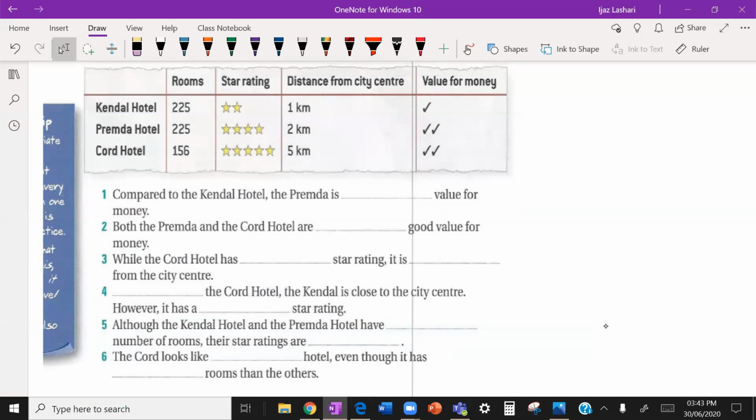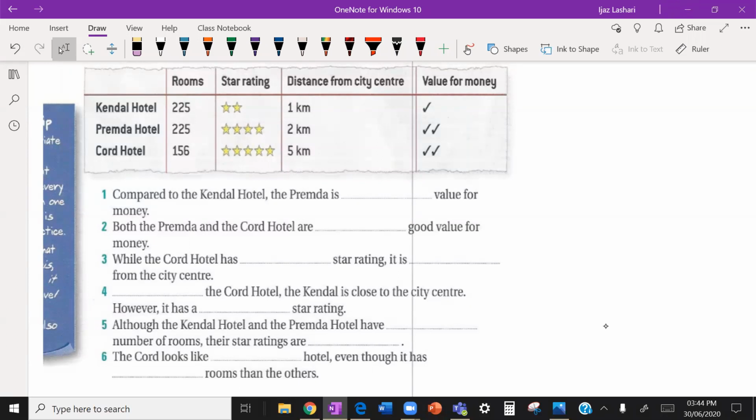If you look at this like a graph, it's not a graph, it's a kind of chart. What does it say? What is it about? Assalamu alaikum, sir. Yes, Anis.